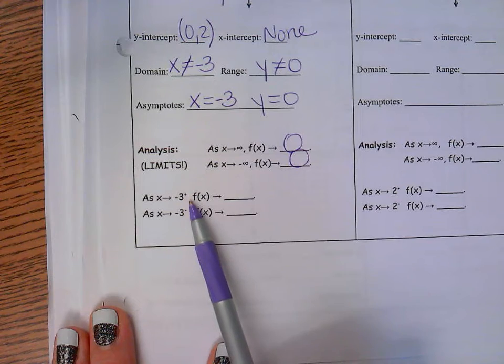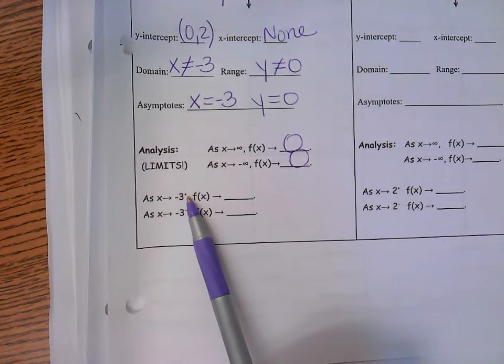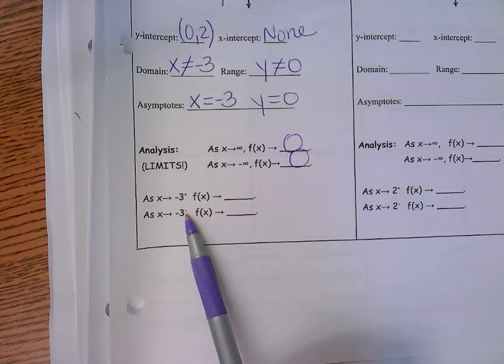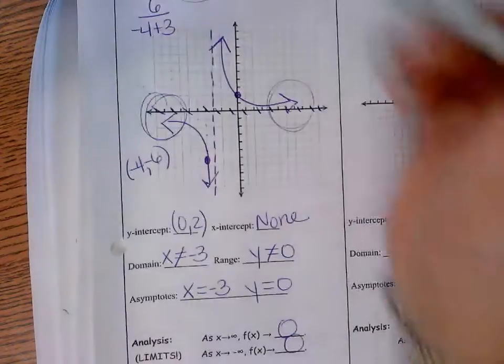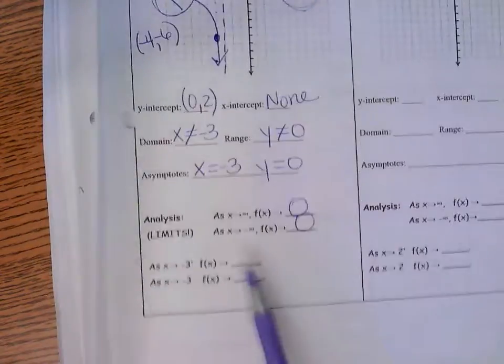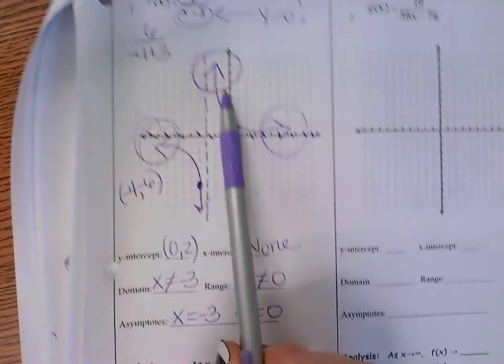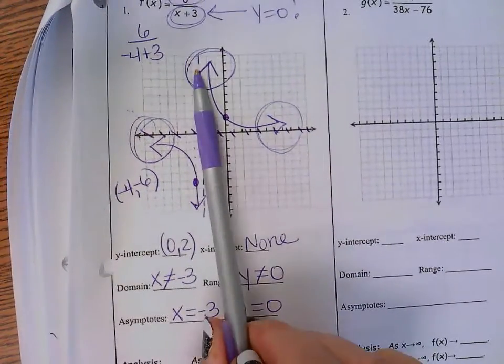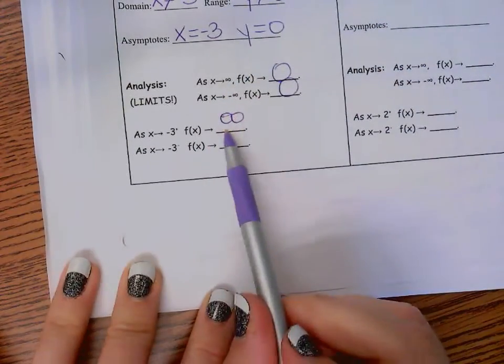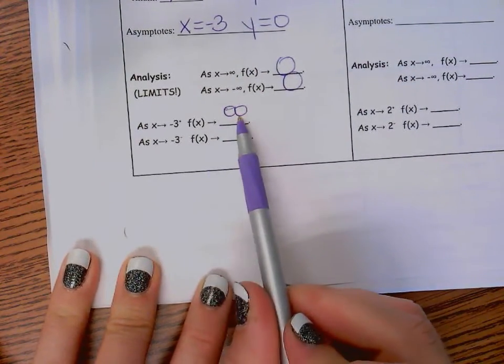Do you see this tiny little plus sign? That just means on the positive side, the right. And this little tiny negative sign means on the left side. So this first one is asking you about this arrow, -3, and then the plus sign is asking you, where is that shooting towards? So that y value is shooting towards positive infinity. So f of x will approach positive infinity.